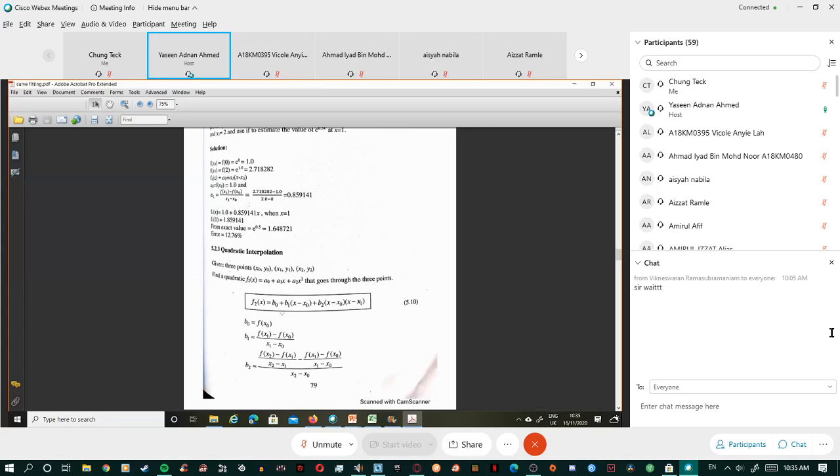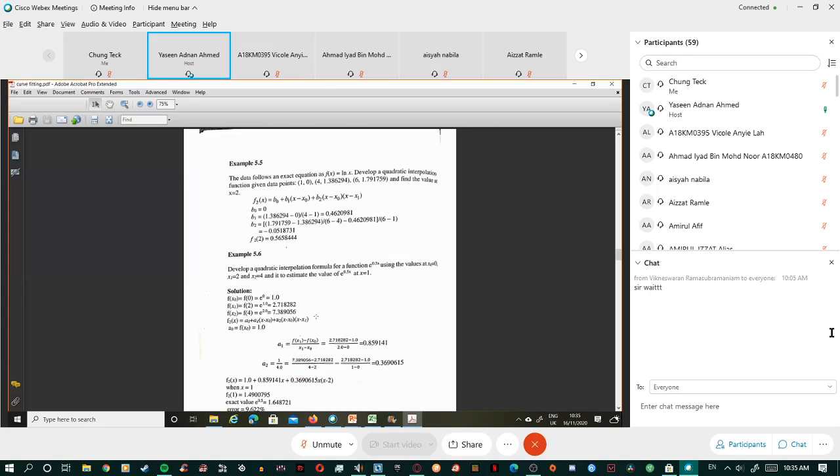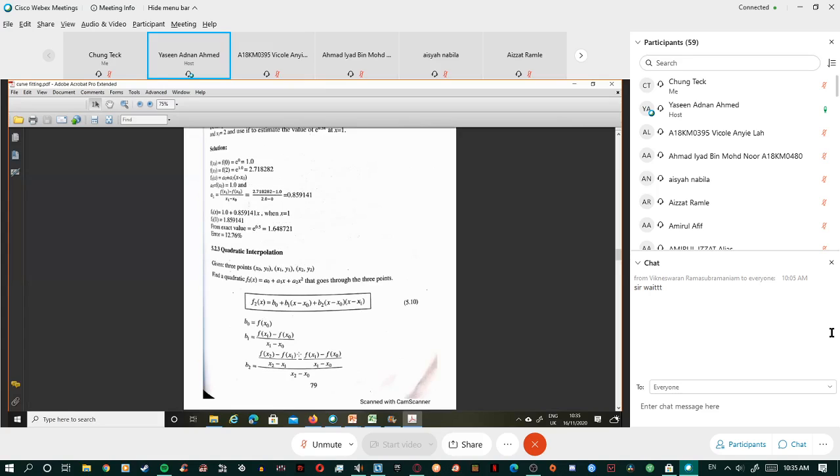But they are not considering it as Newton's divided difference method because they are not preparing the table. They are calculating the values of b0, b1, and b2 by using these expressions. This is actually the same.